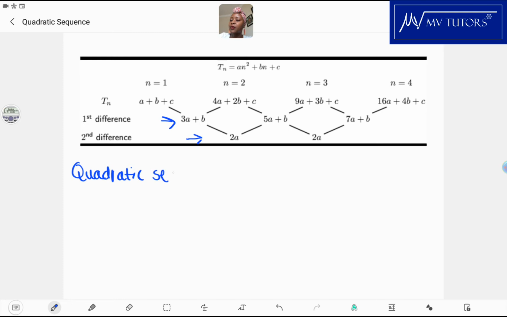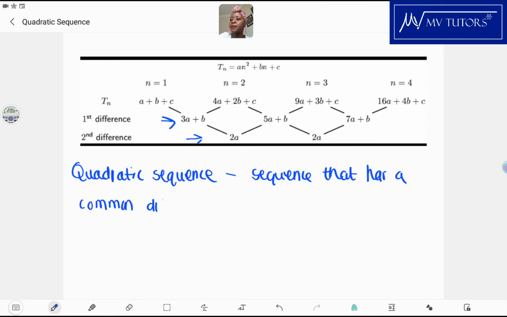A quadratic sequence is a sequence that has a common difference in the second row.